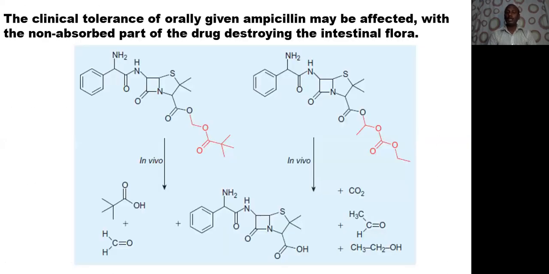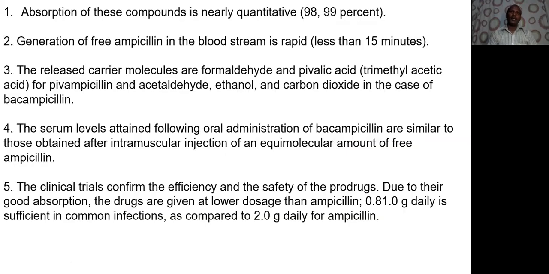Now after converting ampicillin into a prodrug, absorption increased almost to 98 and 99%. You see that where it was 40%, it increased to 98% with pivampicillin and bacampicillin. And within 15 minutes, you will get back the parent molecule, ampicillin, in the bloodstream through hydrolysis.